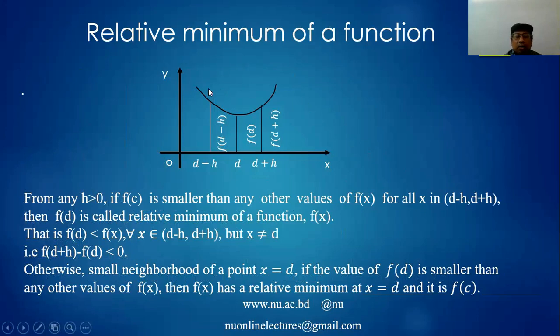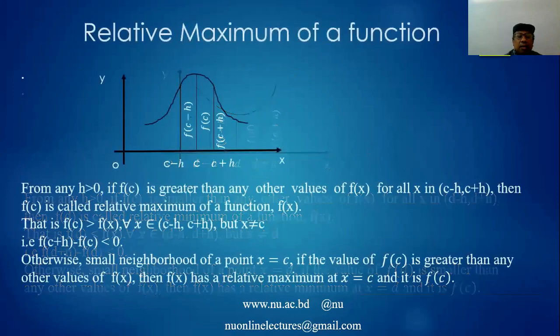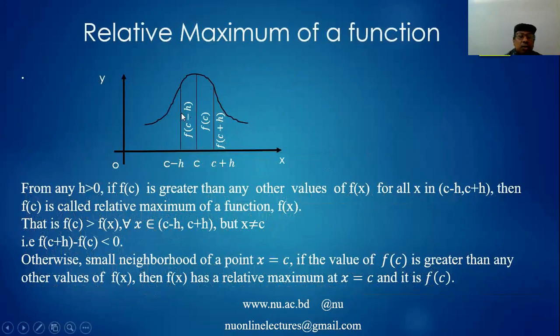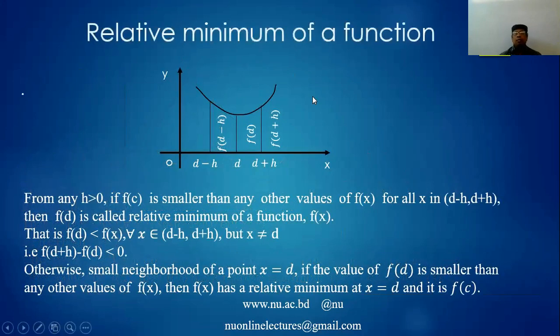Make sure it is the down curve, and in the previous slides, when it was relative maximum, it is upper. So that is the cap shape and this is the curve shape. So, relative minimum of a function.